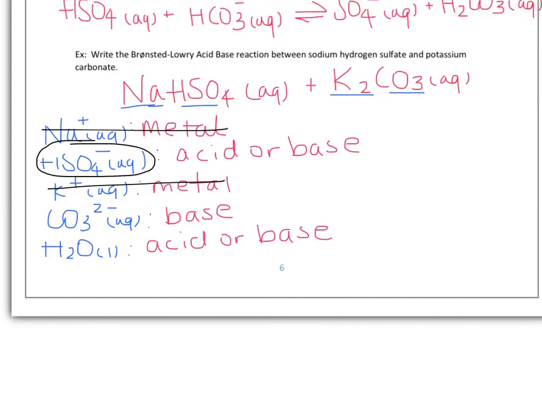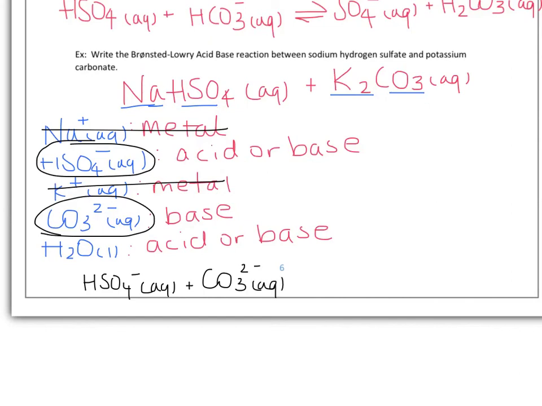When you do, you should realize that CO3 2 negative is a stronger base than water. We can now take these two and write them out for the Bronsted-Lowry acid-base reaction. HSO4 negative aqueous plus CO3 2 negative aqueous. Notice that neither of these are strong, so we'll use an equilibrium arrow.